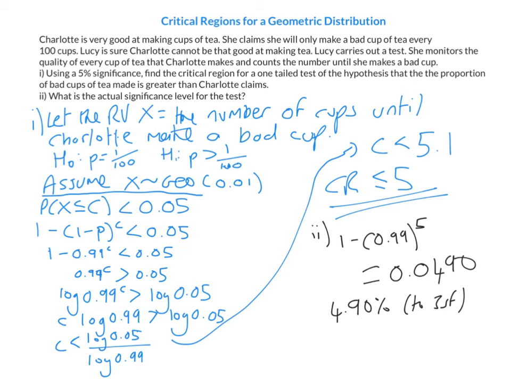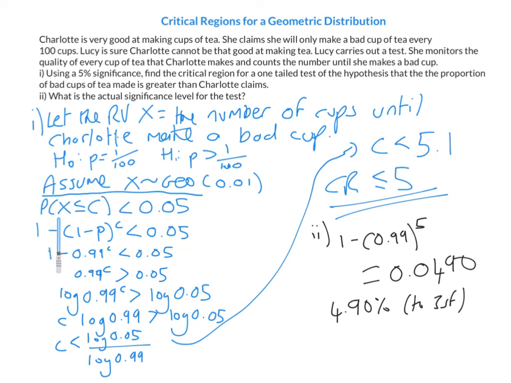So let's just review what we've done. We've run the hypothesis test, showing what the random variable is, showing the null hypothesis, and the alternative hypothesis, that the probability is greater than that. I've made my assumption that x is geometric with a probability of 0.01.